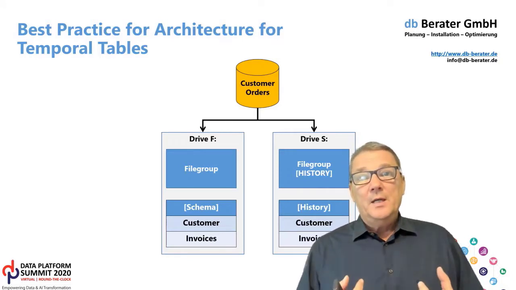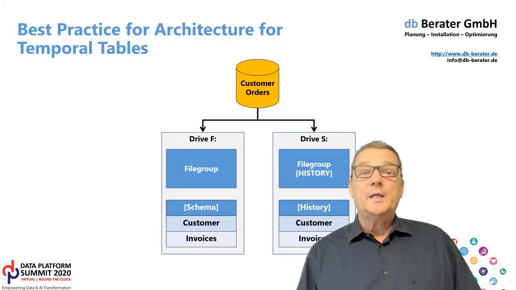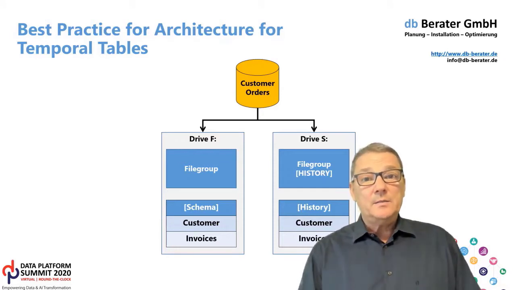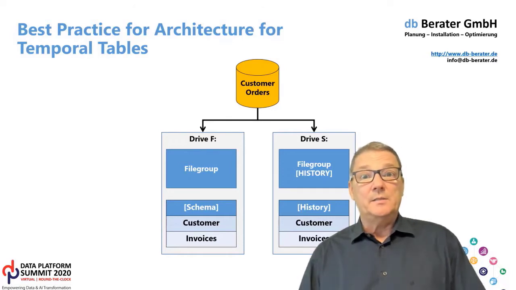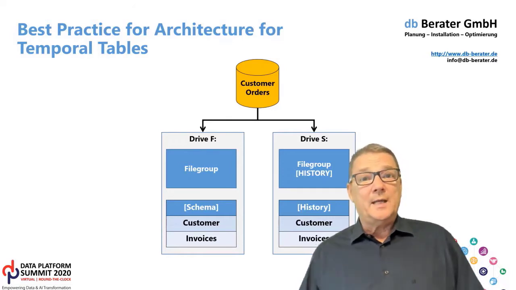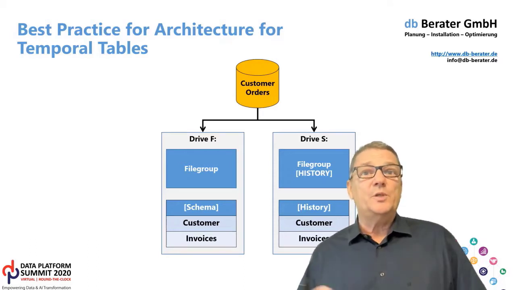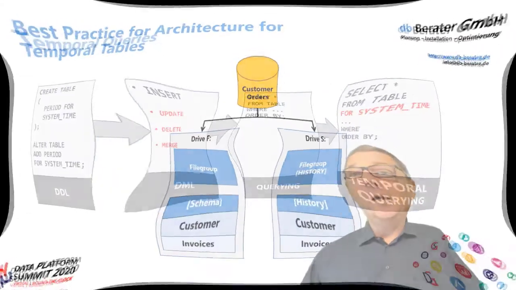If you have multiple disks available, then based on your workload, you can decide whether you want to have the history data on a fast drive, because you have a high transactional system, or if you just want to store the data for any purposes which are not high transactional, then put it on a slower or cheaper drive.